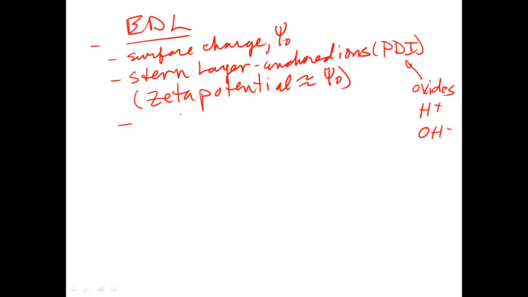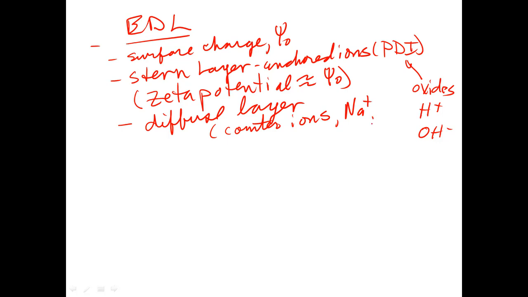And then we have our diffuse layer, which helps us to fully balance that surface charge, and these include then these counter ions, sodium chloride ions. So that's the electrical double layer, as well as the type of ions that exist in the electrical double layer. 1 over kappa is the double layer thickness.